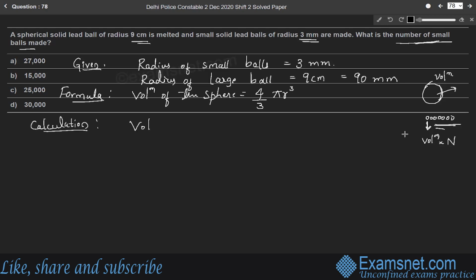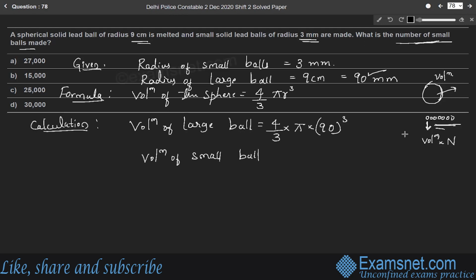So volume of the large ball is equal to 4 by 3 into pi. What is the radius of the large ball? 90 millimeter. So it is 90 cube. Whereas volume of the small ball is equal to again 4 by 3 pi r cube.